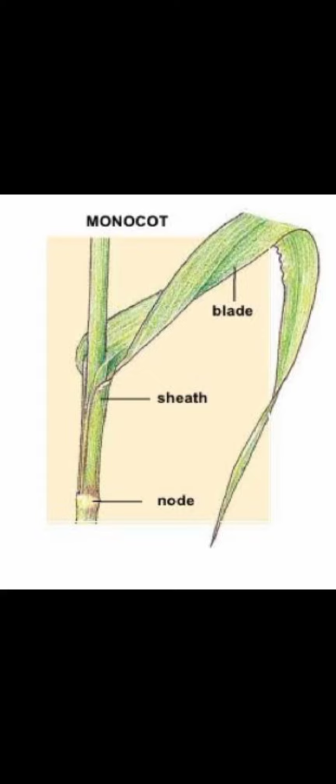In case of monocots you can see sheet like leaf bases, okay? I'll show you the picture. This is the leaf base of a monocot plant. It is sheet like, so it is covering the stem.